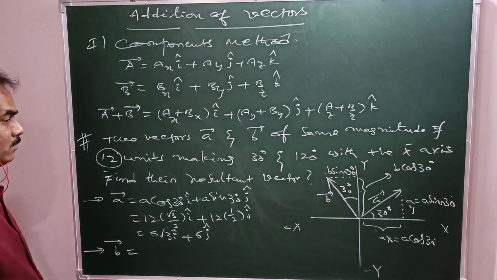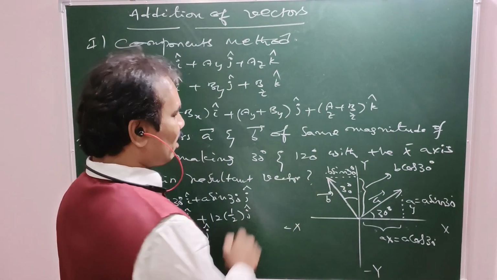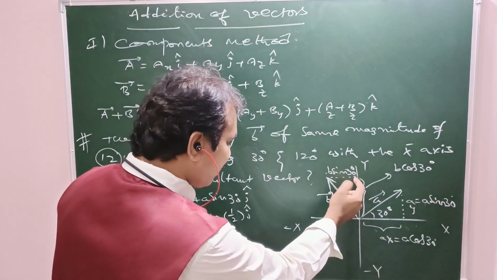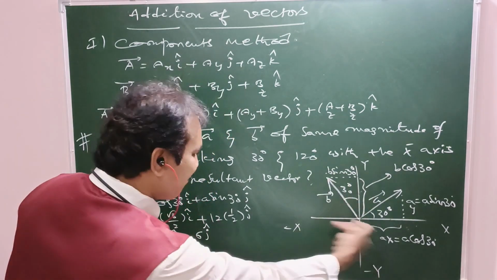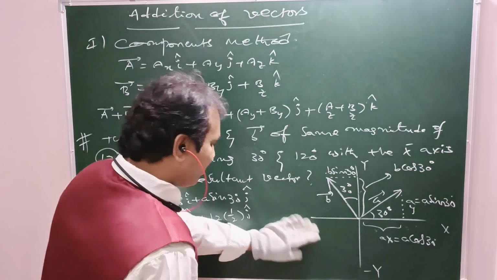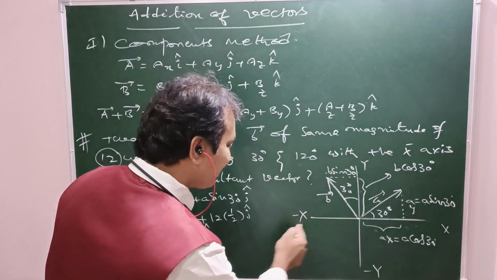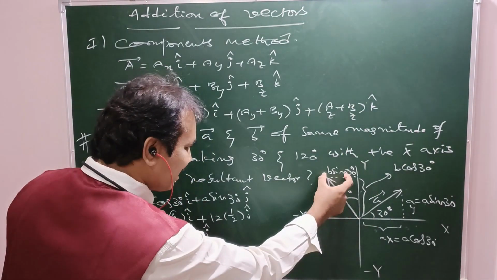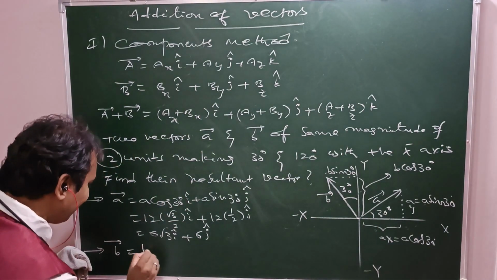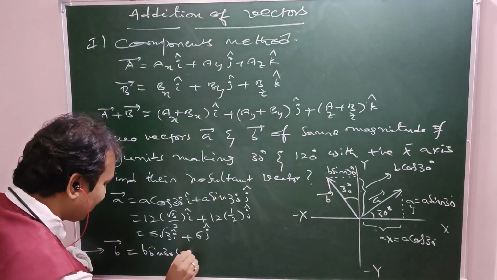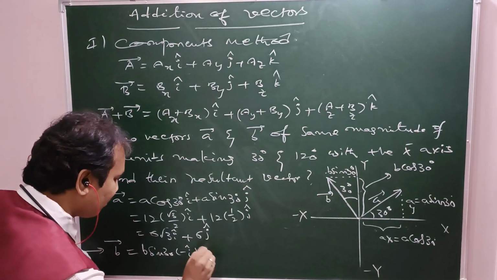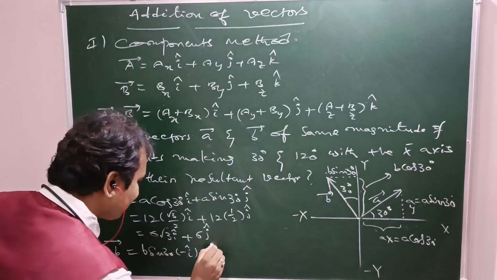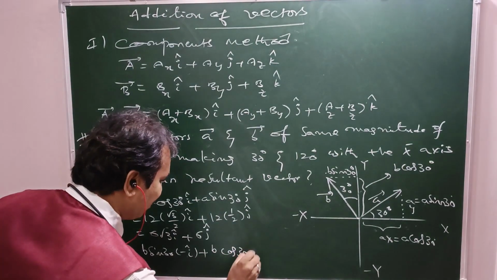B bar is in second quadrant, that is x component negative, y component positive. The opposite side is b sin 30 into minus i cap, since negative x axis means minus i cap. Here it is positive j cap. So b bar equal to b sin 30 into minus i cap plus b cos 30 into j cap.